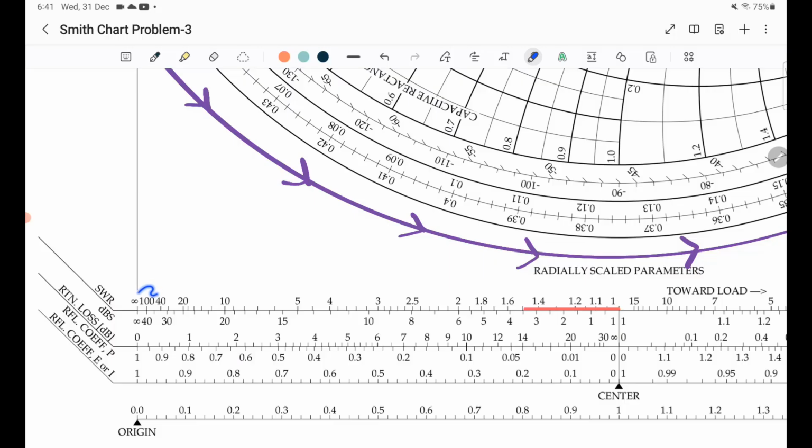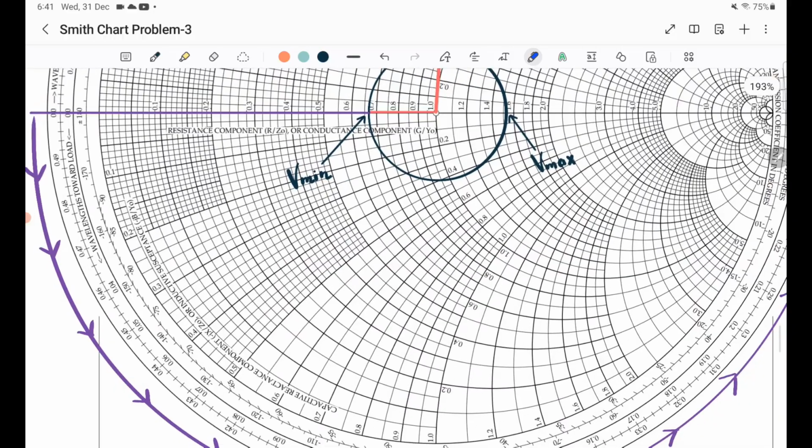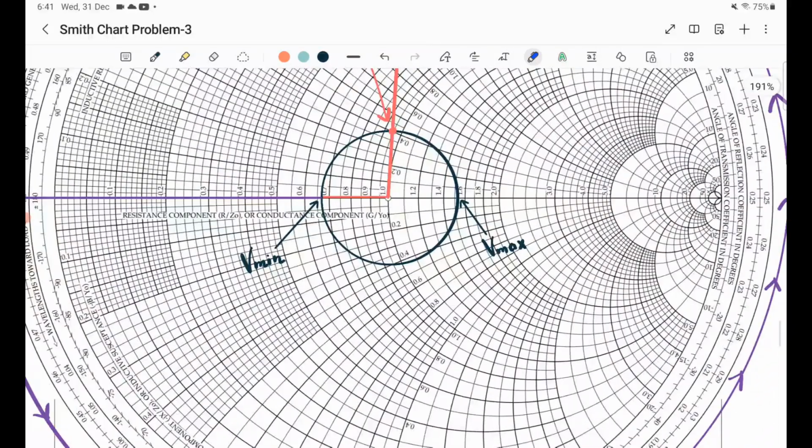So this is SWR infinity, SWR 100, SWR 20, and so on. From the center of the Smith chart, if you move radially outwards, you will find a point where the value of SWR is equal to 1.5. Using this as the radius, we'll draw a constant radius circle, which is also known as a constant VSWR circle.